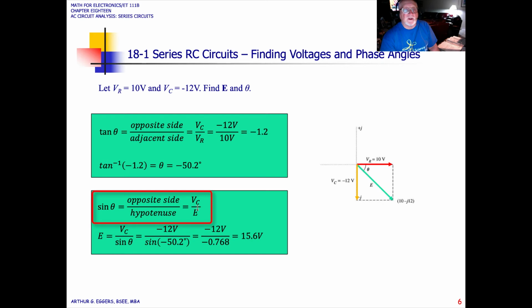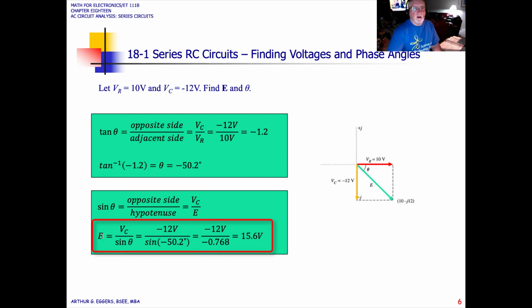So what we're going to have to do is take that expression, sine theta is equal to the voltage across the capacitor divided by the applied voltage, and rearrange it. We're going to have to move terms around, because what we want to solve for is that unknown E. Okay, so E is the applied voltage.